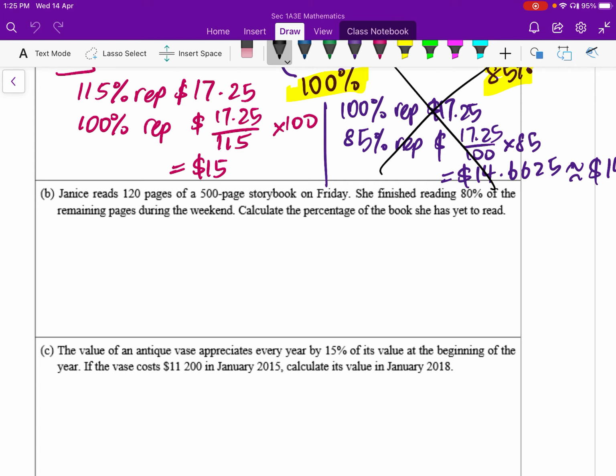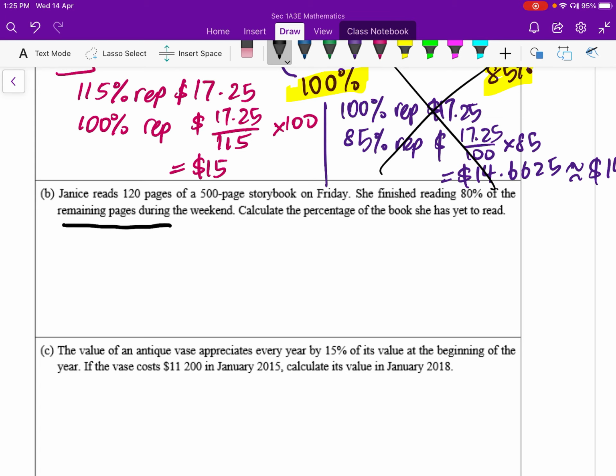Next one, part B. Janice reads 120 pages of a 500-page storybook on Friday. She finished reading 80% of what? Of the remaining pages. What is the number of remaining pages? 500 minus 120. Okay? So your presentation can be like this.